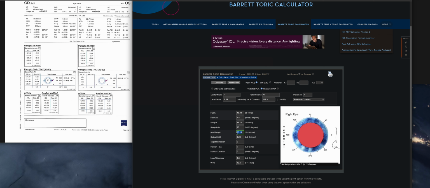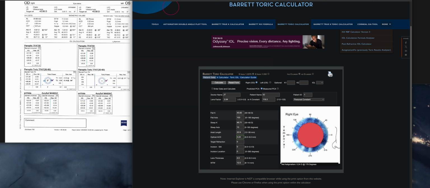Axial length is 22.9. Optical ACD is 3.24. So we're looking up here, axial length, optical ACD. See, this machine will have lens thickness, and lens thickness for a lot of patients is just going to be somewhere between 4 and 5.